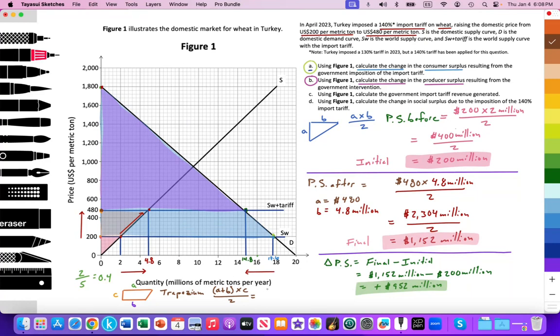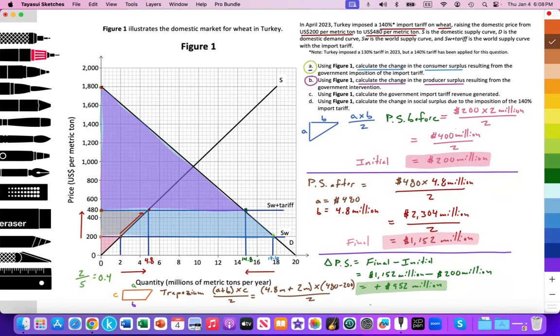A in this case is 4.8, 4.8. I'll put M for million plus B. The length of B is 2 million, plus 2 M for million. Put that in brackets. Times the height, 480 minus 200. And then all of that divided by 2.